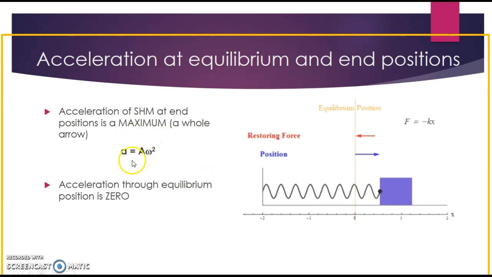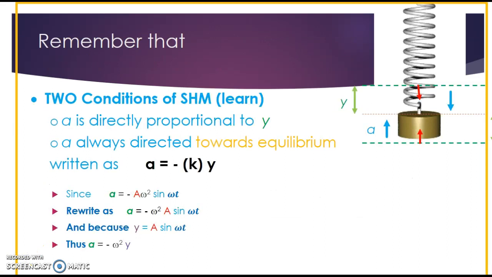So this equation, a is equal to a omega squared, only applies for the maximum positions. Be careful that you're not tempted to use that in any other case. To remind you, there are two conditions for simple harmonic motion: a must be directly proportional to y, and the acceleration is always directed towards the equilibrium position.